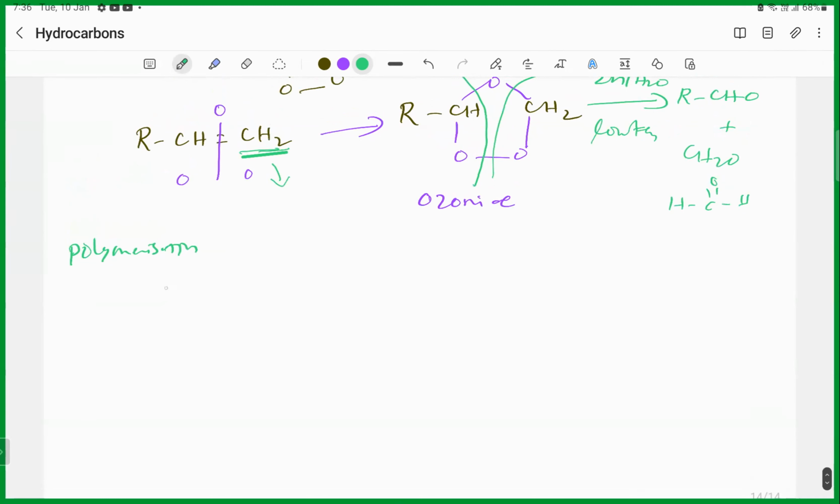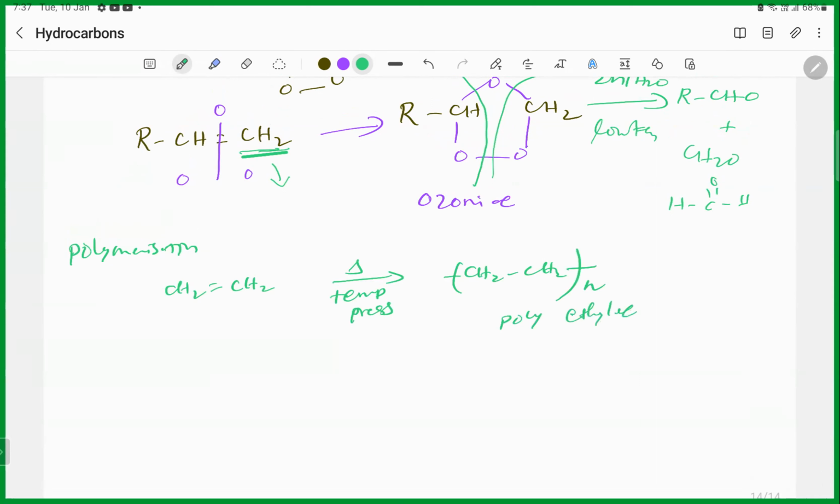Suppose you have ethylene and it is treated with temperature and pressure. It gives n number of units, called polyethylene. Suppose you have propylene, with heating, temperature, and pressure, it gives polypropylene.